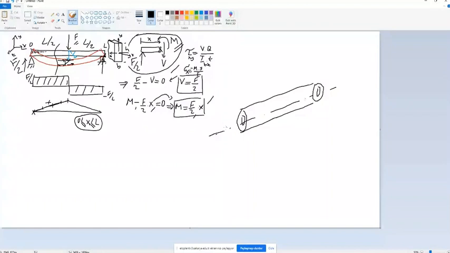It has an inner diameter and outer diameter. So I am sending a kind of fluid. It can be water, oil, whatever it is. I don't care. I am sending the fluid or gas inside of the pipe, and I need to calculate the equation.